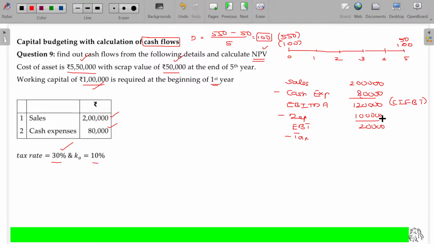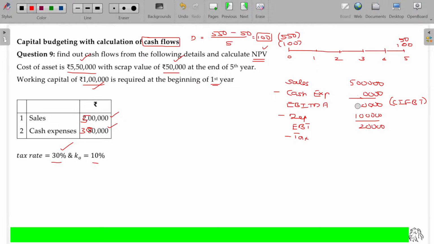Is that okay? In the text, I have changed this to 5 lakhs and this to 3 lakhs. So I change this. Sales 5 lakhs. Cash expenses 3 lakhs.